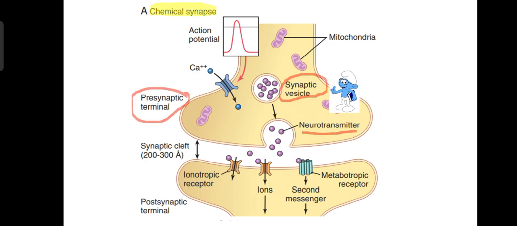An important structure present in the presynaptic terminal is the synaptic vesicles. These are large amounts of vesicles containing different types of neurotransmitters that will transmit the information resulting from the action potential coming here into the next neuron, the postsynaptic neuron.